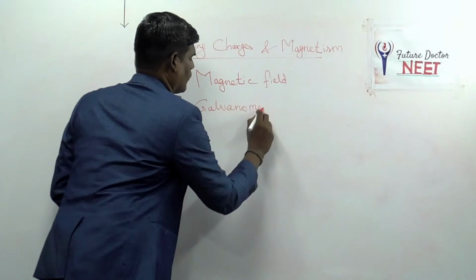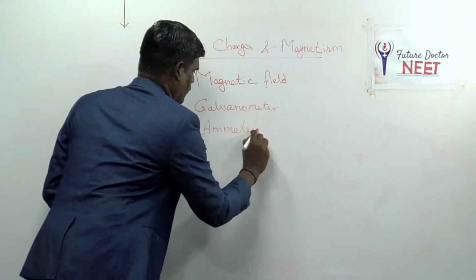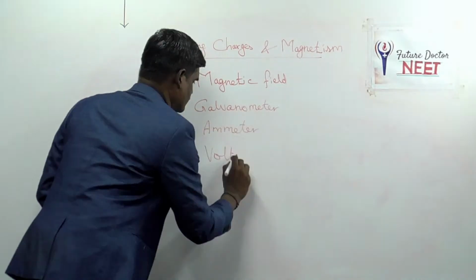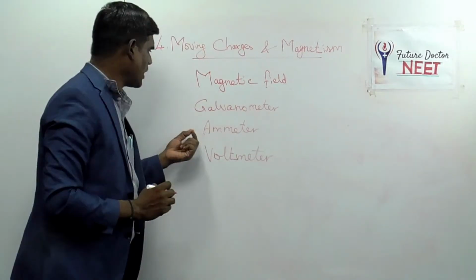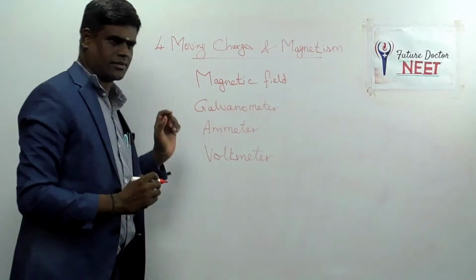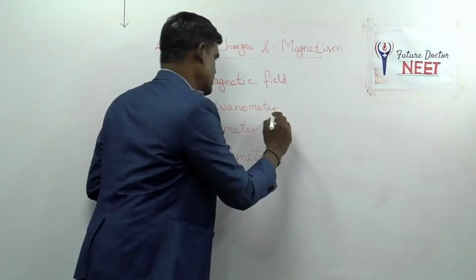Which one measures current? Galvanometer is used to measure current. Ammeter also measures current only. Voltmeter measures potential difference or voltage.